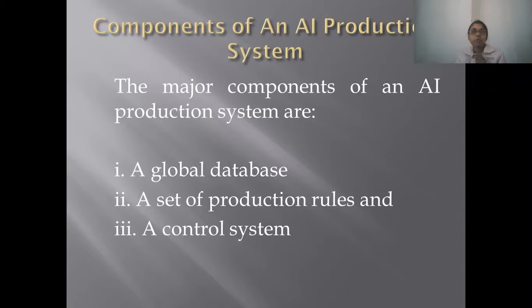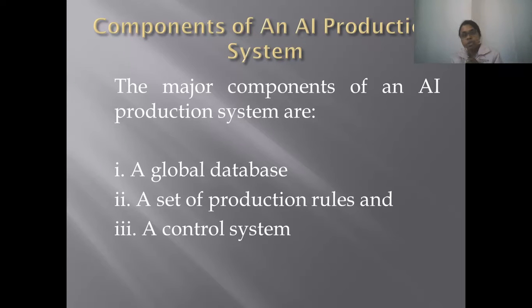So those rules are called the set of production rules, and a control system. And of course, the control system is important, because without monitoring, without controlling, it is not possible that your task will be completed in a given deadline.